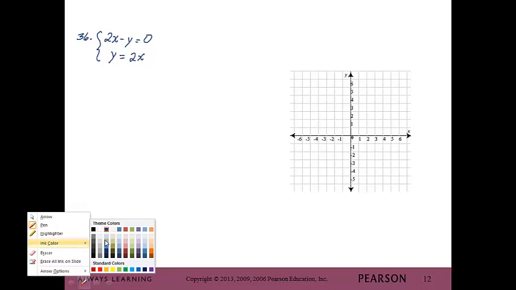Now let's look at number 36. And now we have the system 2x minus y equals 0 and y equals 2x. Let's start by graphing the first equation.